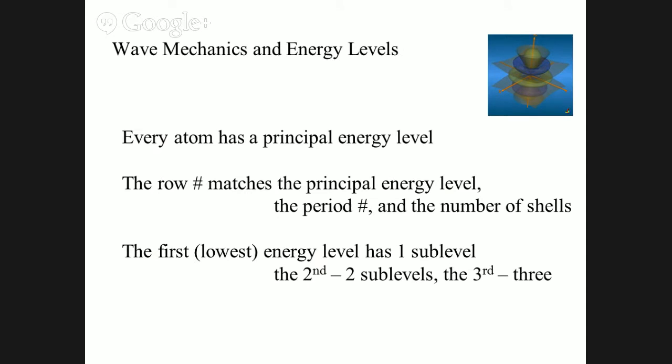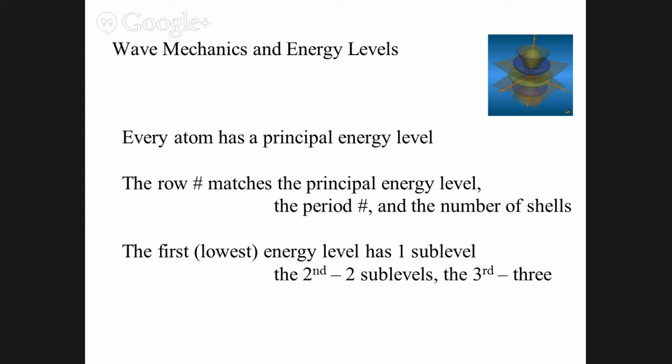Now, if you remember from Bohr's model, the electrons in the atom have energy, and we can divide that energy up for every single electron based first on what's called a principal energy level. That principal energy level matches the row the element is in. So if you're in row 1, period 1 shell, you also have 1 principal energy level.